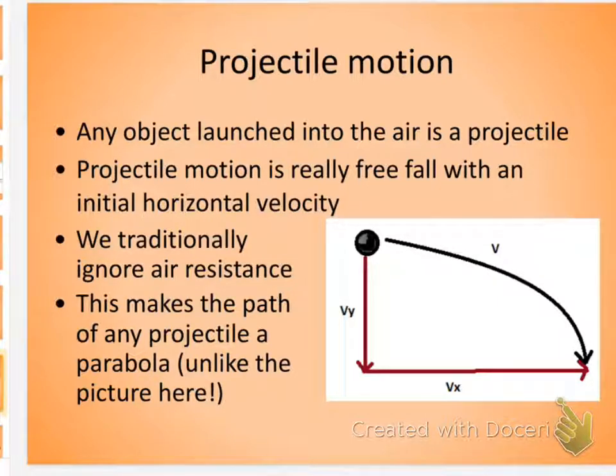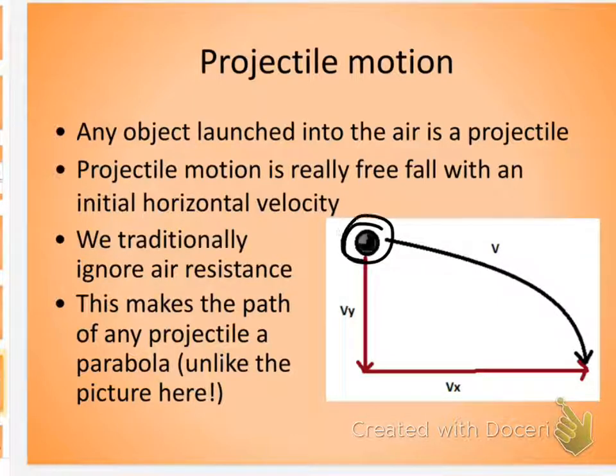But any object that gets launched into the air is a projectile, as long as the only thing acting on it is gravity. If we strap a rocket to it, it's no longer a projectile. Projectiles are under the influence of gravity alone. So the first type of projectile motion that we're going to talk about is horizontal projectile motion, and it's just free fall with a push.